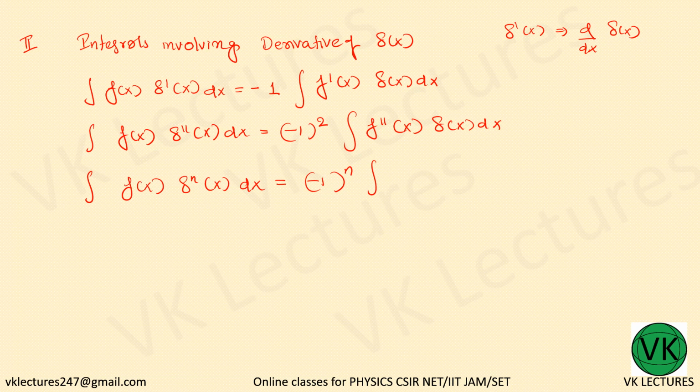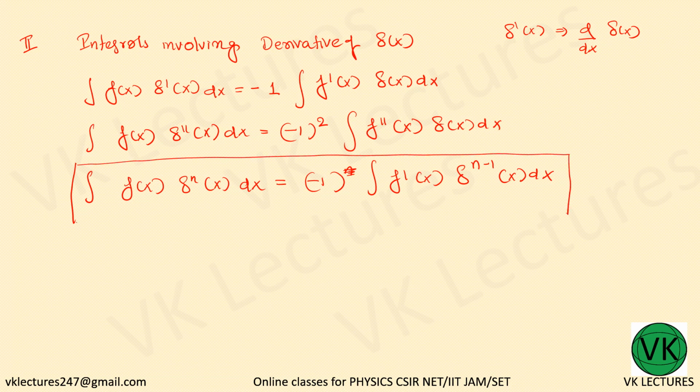We cannot write it in general like this for some functions, so this is the key formula: the integral of f of x into delta n of x dx equals minus 1 times the integral of f dash of x.